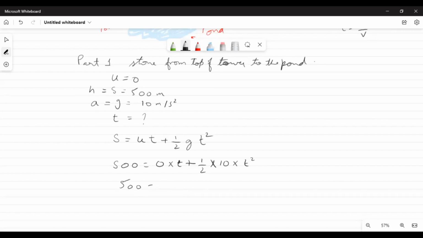500 is equal to 0 plus half into 10 into t square. So 500 is equal to 10 t square upon 2.